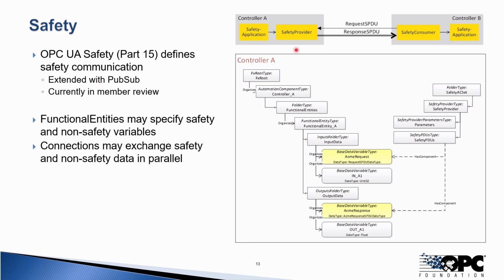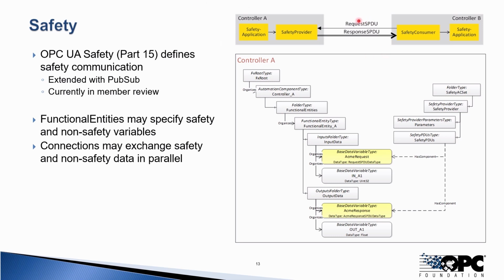Safety works in a way that the safety consumer is communicating with a safety provider. A safety provider would, for example, be an emergency stop button or a light curtain or some safety component. The safety consumer issues a request SPDU to the safety provider containing protocol information, which requests the safety provider to provide a new set of safety data to the safety consumer, which is included in the response SPDU.